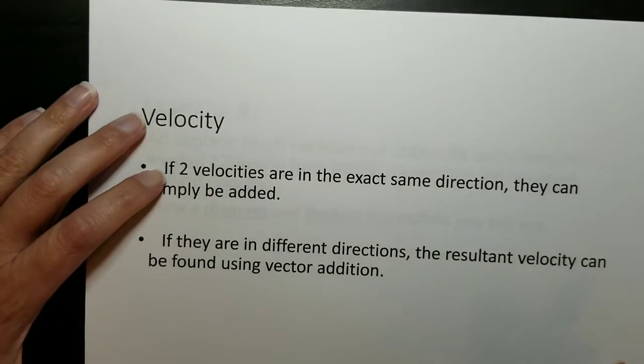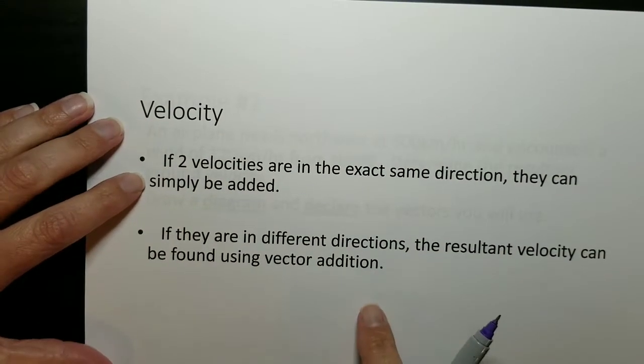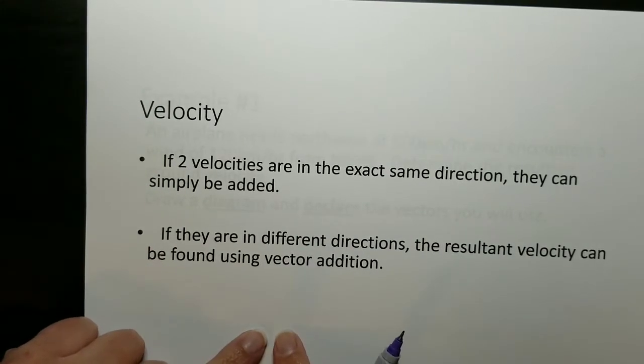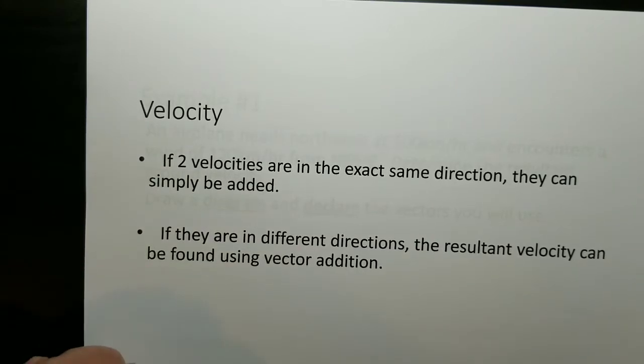If a plane is flying and the wind is from behind the plane going in the same direction as the plane, that will push the plane and make it go faster. If the plane is flying, say, north, and the wind is going in the opposite direction, say south, that will slow the plane down and make it travel more slowly.